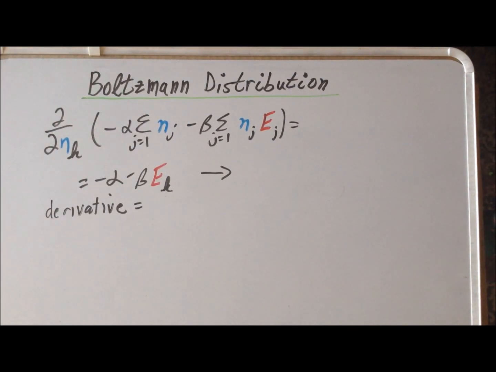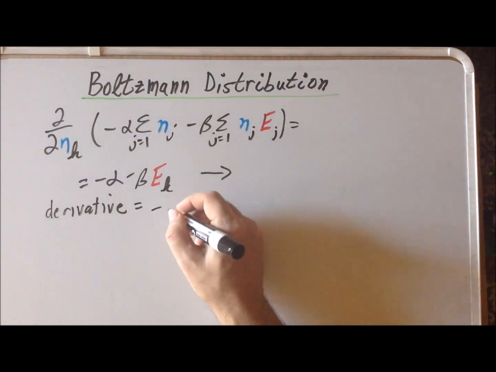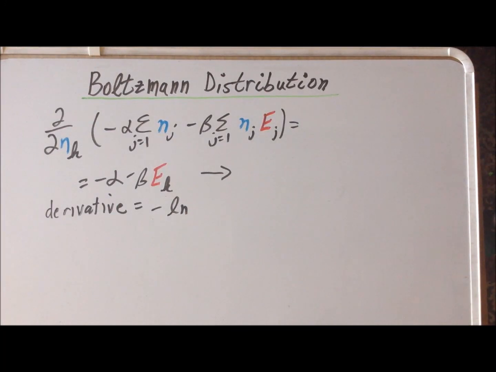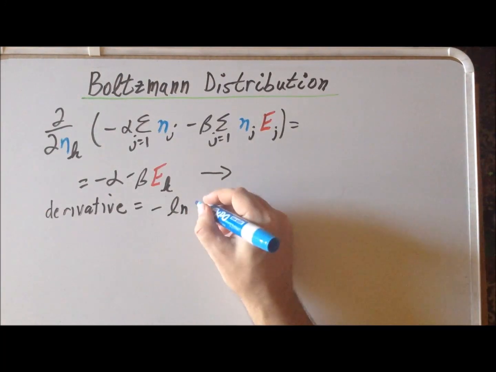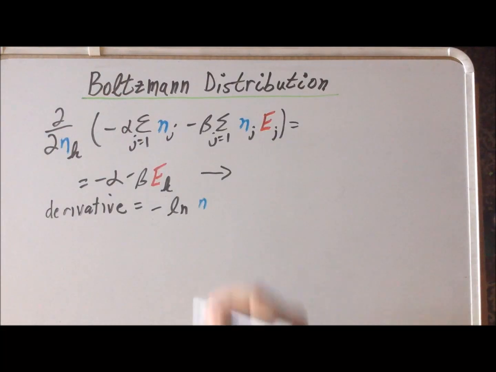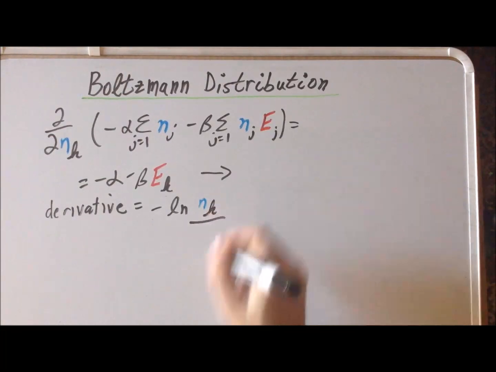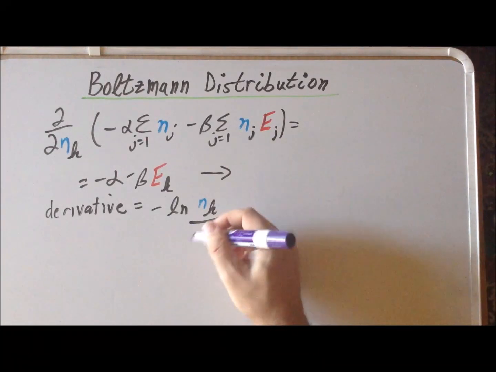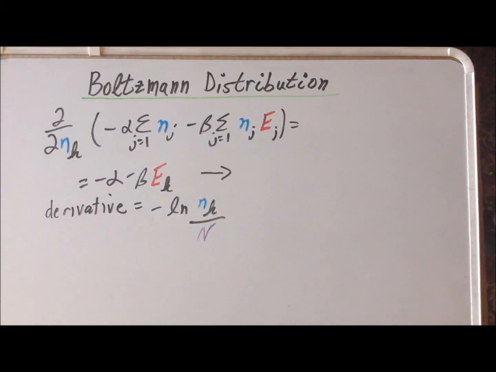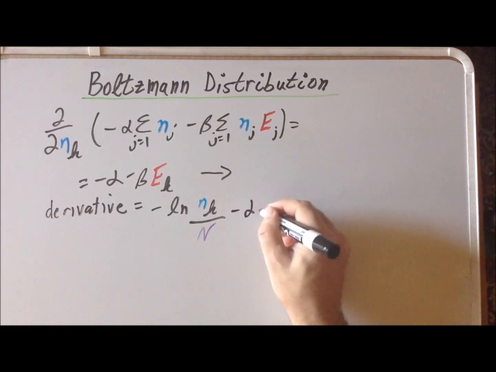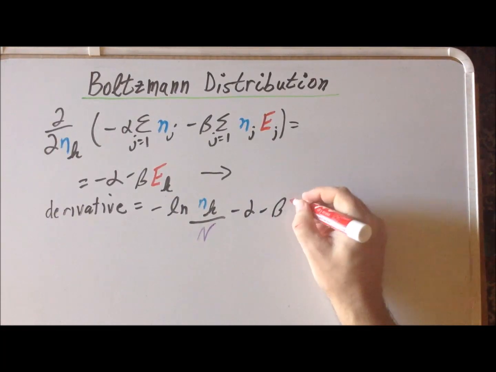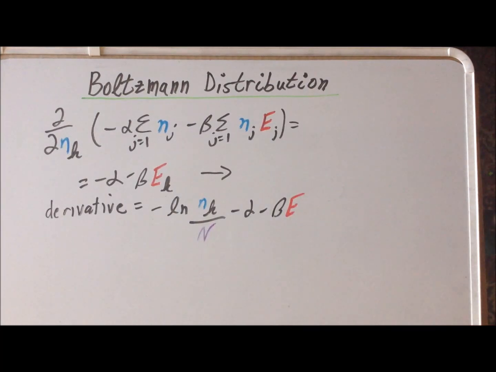So all the steps we've done so far in working out the derivatives gave us that the derivative was the natural log of n sub k divided by big N, and we have our minus alpha minus beta times the energy sub k.